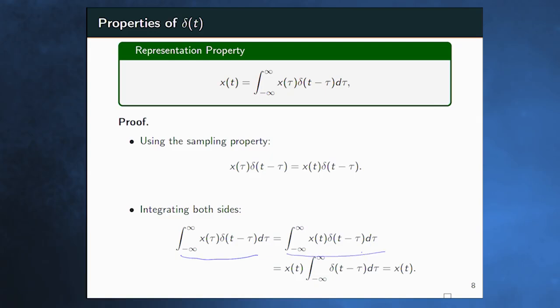And x(t) is now independent of tau, so we can take it out, and then it becomes x(t) times the integral of delta(t minus tau). And delta(t minus tau) is a delta located at tau, so therefore its integral is going to be 1, so the whole thing is going to be x(t). And this is what the representation property is about.